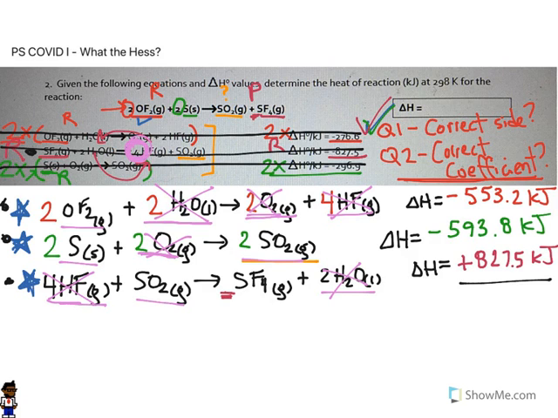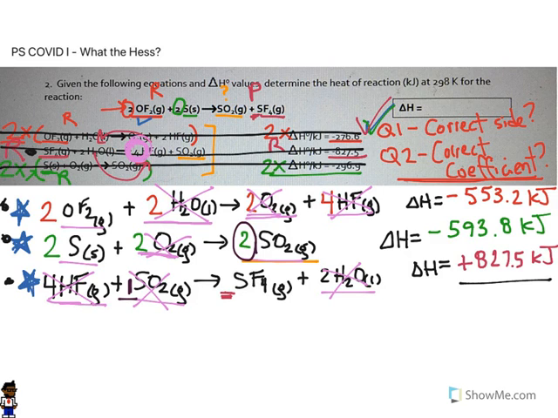Now here, and I referred to a similar scenario not too long ago. If you look, the coefficients are not the same. Here the coefficient is a 2, and here the coefficient is a 1. They don't completely cancel out, but they partly cancel out.